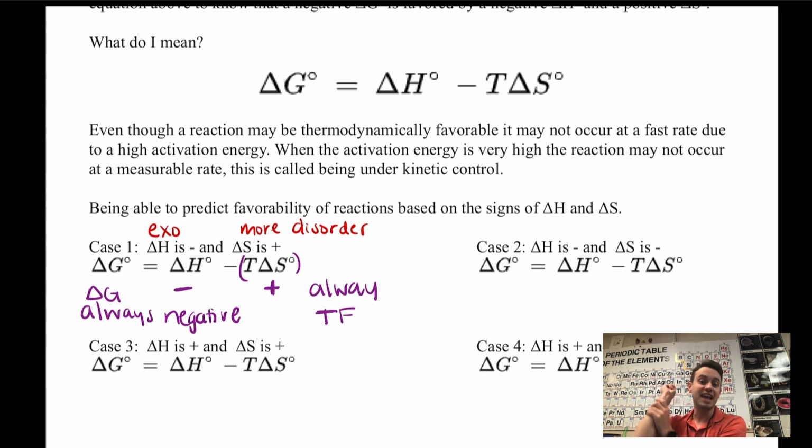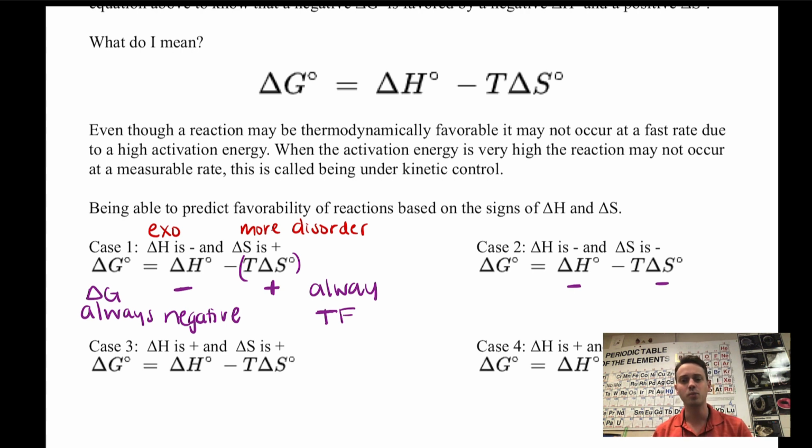For case 2, we have that delta H is negative, which we said is going to increase our favorability, and delta S is negative, which is not. So here we have a different situation. One thing makes the reaction favorable, the other doesn't.